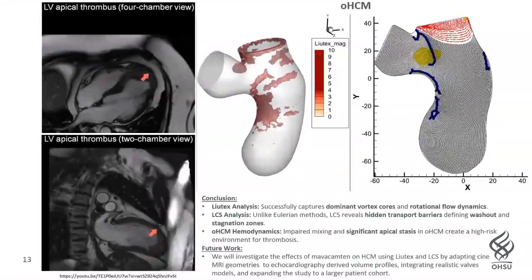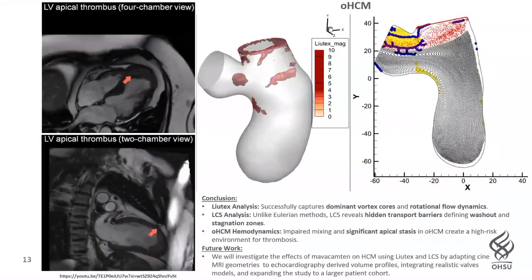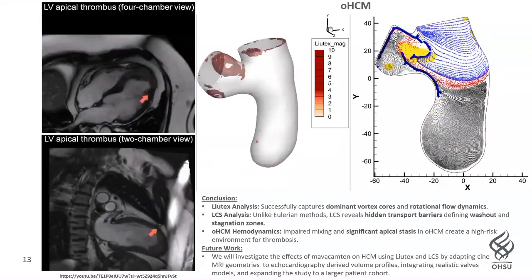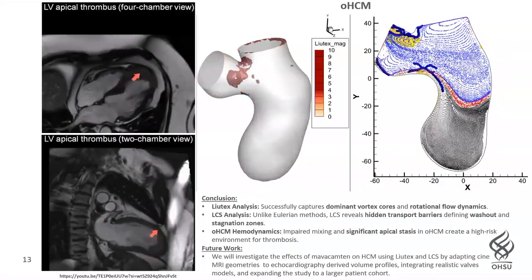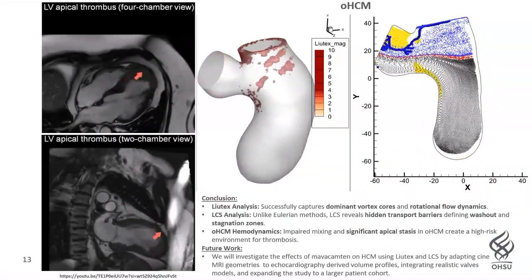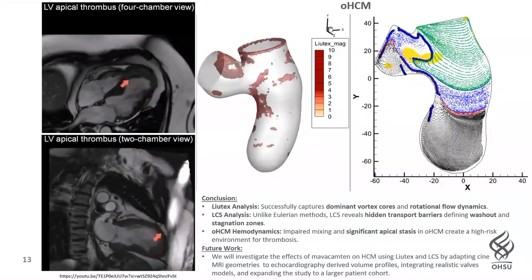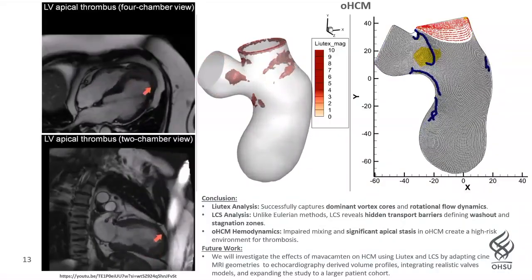As a conclusion, the Liutex is a powerful tool to show the vortex core, and LCS is another powerful tool that gives us many ideas about the flow and flow boundaries, stagnation, layers, the cycle effect. And if you look at the left side, this is the apical thrombosis.